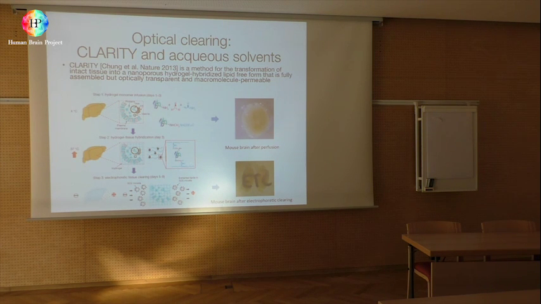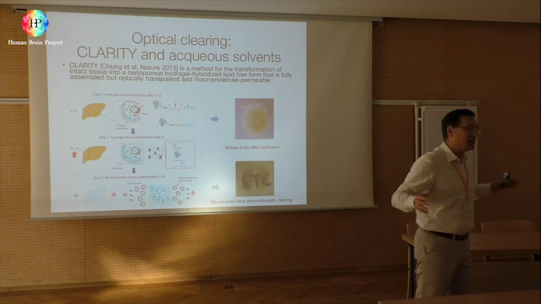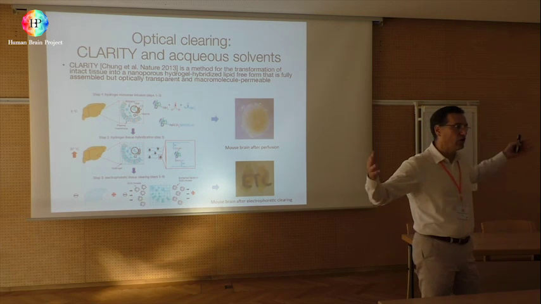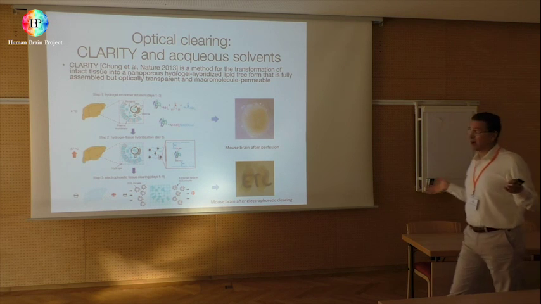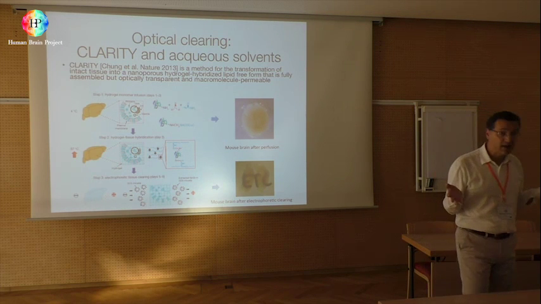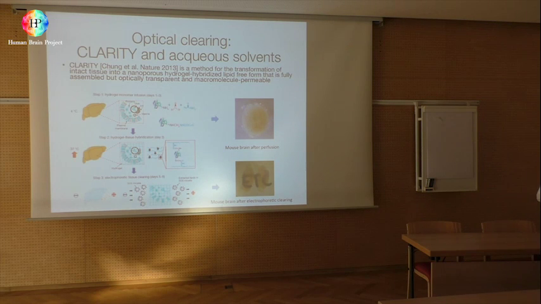The clearing of the brain is done with a compound called FocusClear, and a lot of companies have spent a lot of money, like Olympus, which has made an objective exactly for FocusClear, and Zeiss has made an objective exactly for FocusClear. Unfortunately, FocusClear costs about 500 euros per brain. It's very, very expensive, and sometimes the dimension of the brain can increase up to a factor of 2.